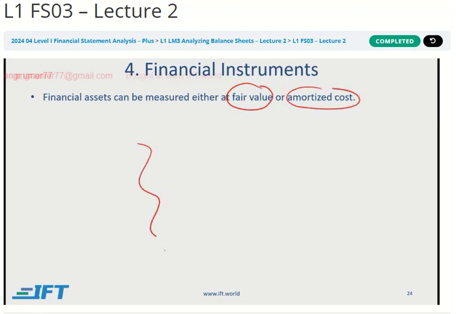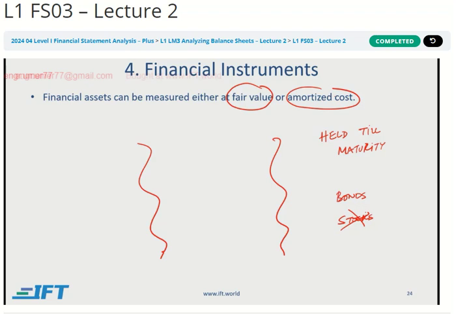Now, let me tell you the three reasons that you can have. The best reason, as far as not having any volatility impacting your earnings per share, is something called held till maturity. And this you can only do for bonds. You can't do this for stocks because stocks don't have a maturity date. They have an indefinite life.